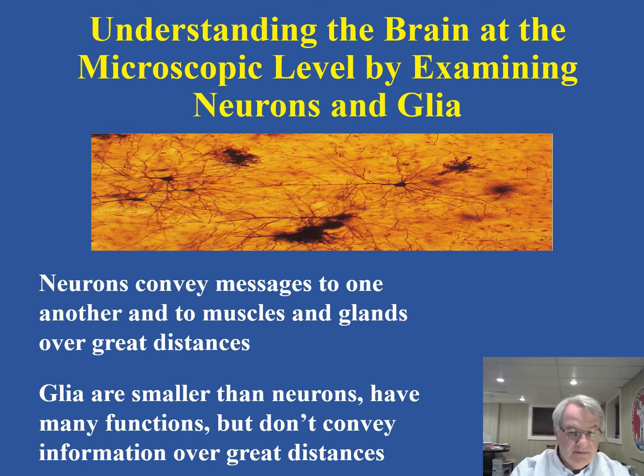They don't travel anywhere near as far, and they have a lot of different functions. We'll be talking about some of those functions as we go along. So again, the tissue of the brain consists of neurons and glia.